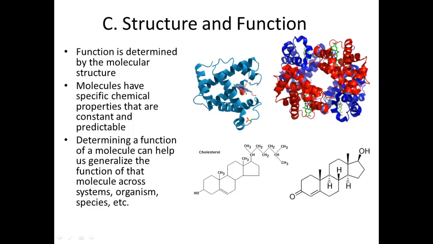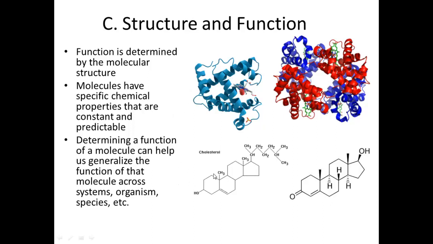Because of the way it's shaped, it has a heme group in the middle, which attaches to oxygen. It is able to carry 4 oxygens in red blood cells, and if it was shaped differently, if you have just one mutation on this sequence of amino acids which make the protein, then it's not going to function. So how it's shaped is very important.